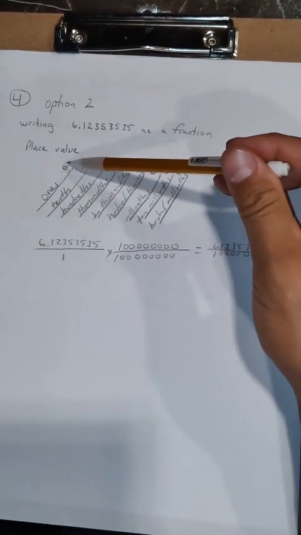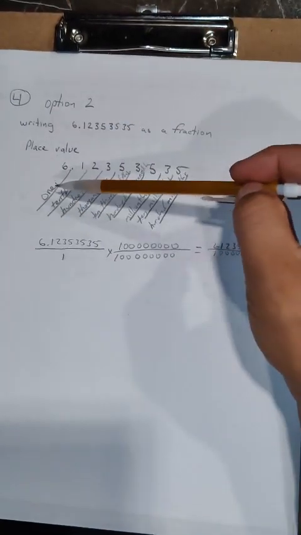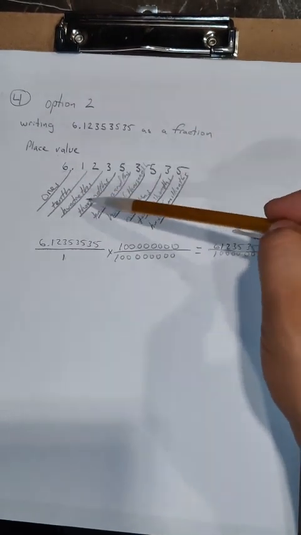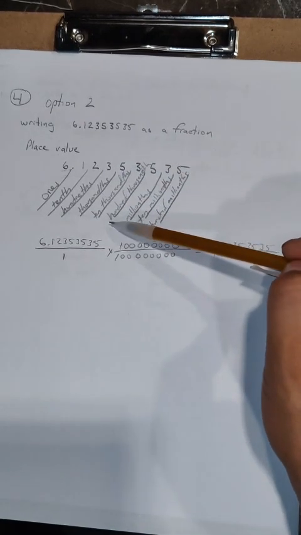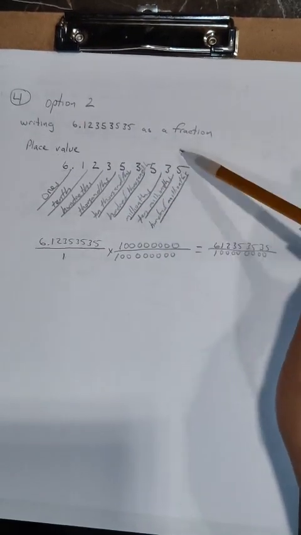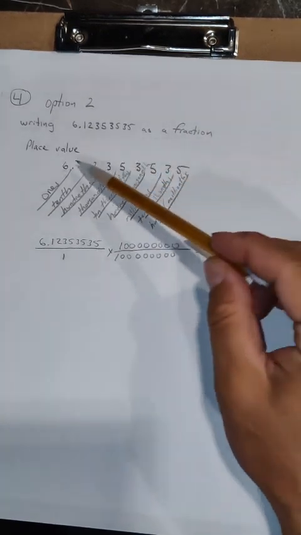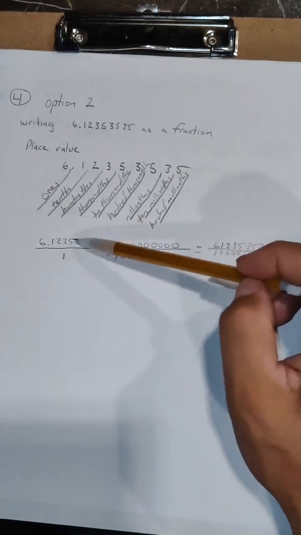So above here, I have the decimals and the place values for each. So here I have the ones place, the decimal, the tenths place, hundredths, thousandths, ten thousandths, hundred thousandths, millionths, ten millionths, and hundred millionths. In order to write this decimal as a fraction, I can write it over the number 1.